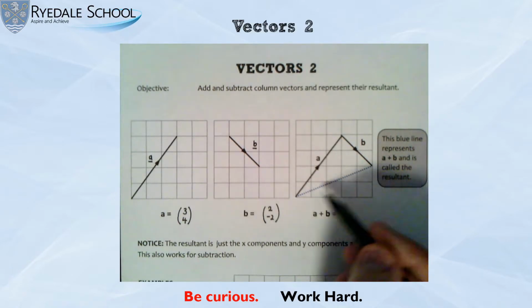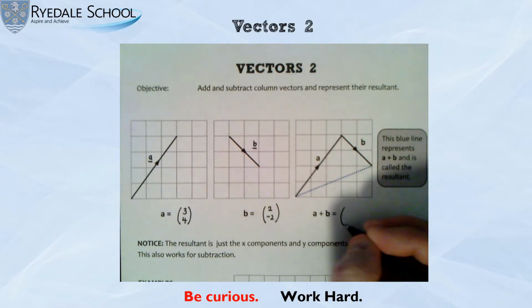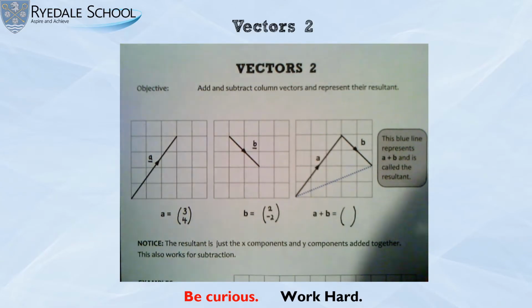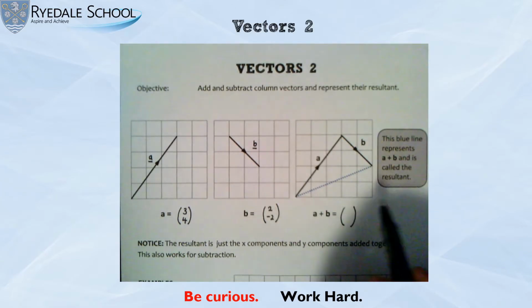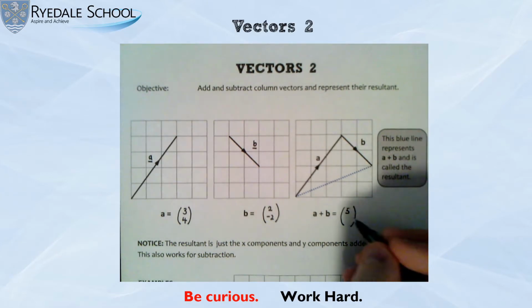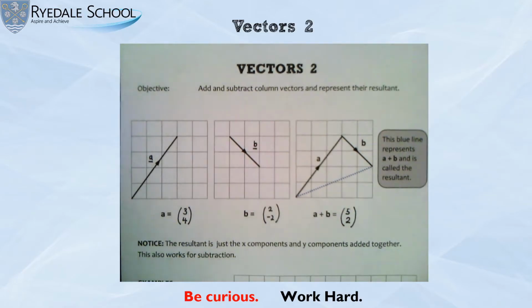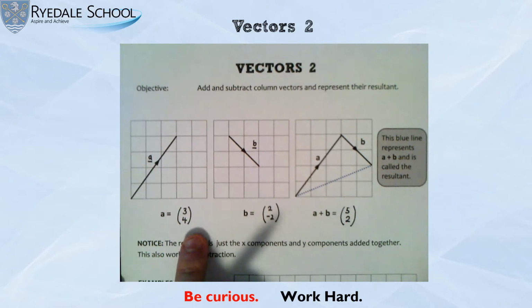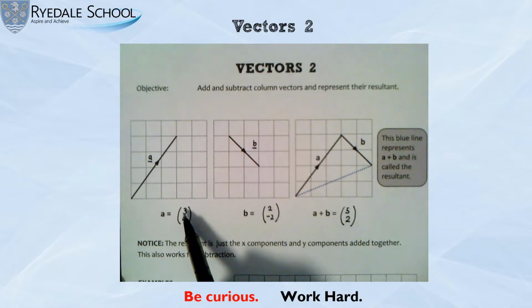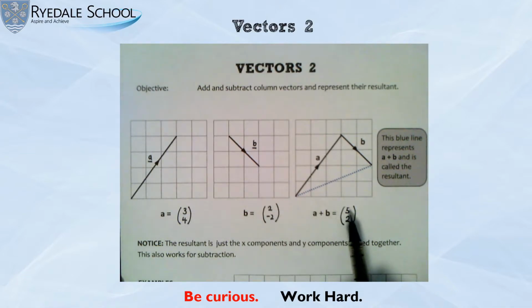And if we look at this vector and represent it as a column vector, this blue dashed line, you will see that I have gone along 5 to the right and up 2. Now, what's really interesting is when you look at the answer to this and look back at these two vectors here. Because if you look at the x components, as in the top numbers of the vector, 3 add 2 is 5.